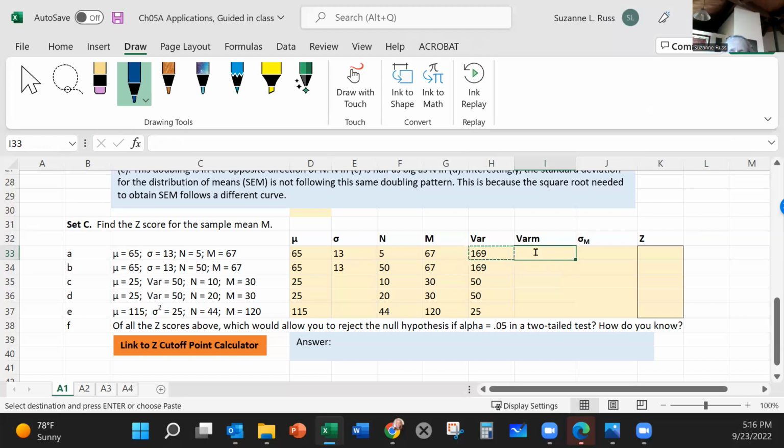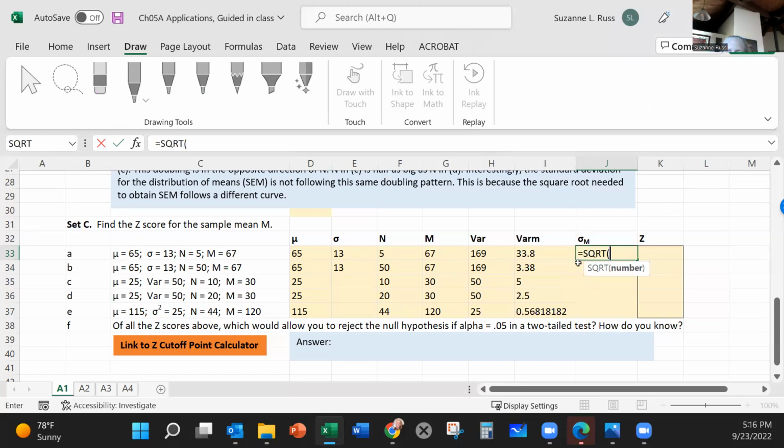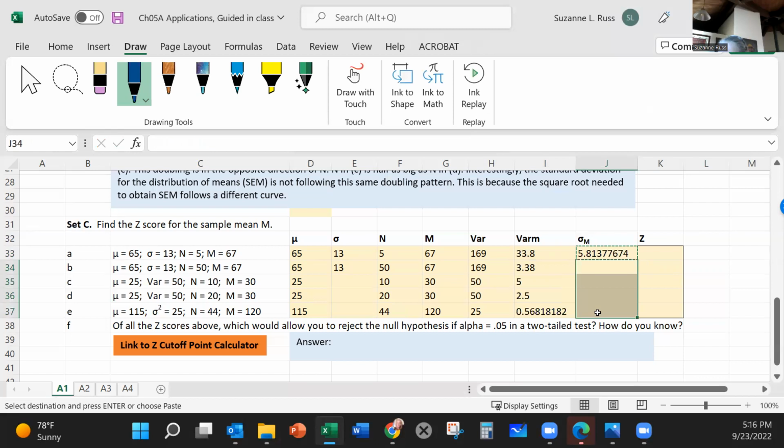So we'll go equals, we'll take this and we'll divide each cell by the number in n. And we can just copy and paste this formula down. The cells will reference properly. The standard deviation for the distribution of means is just the square root of the variance for the distribution of means. So we'll enter. I'll copy this down.